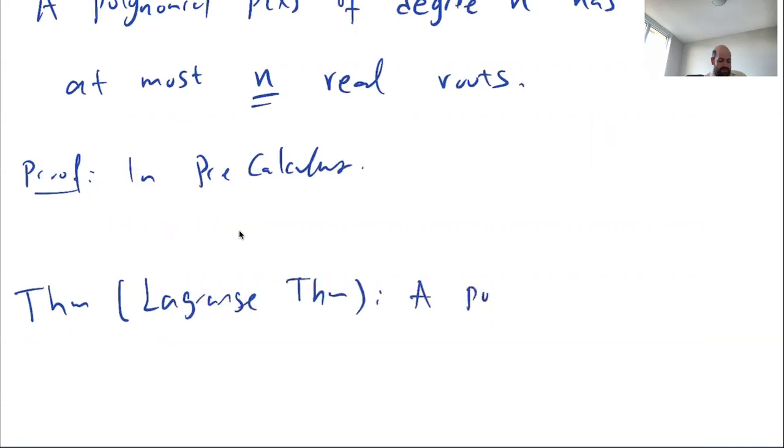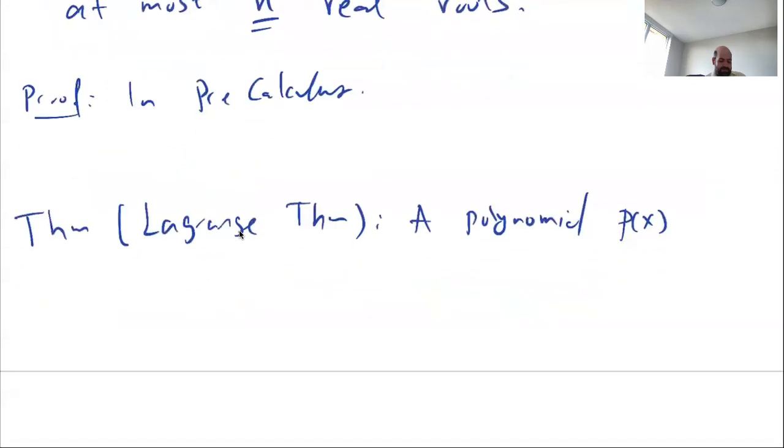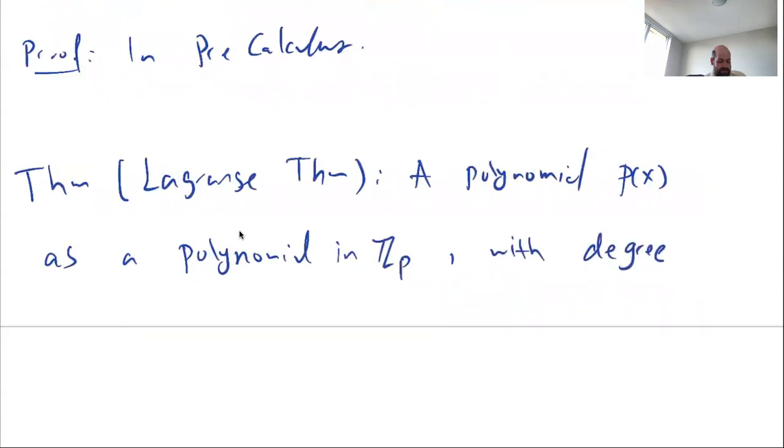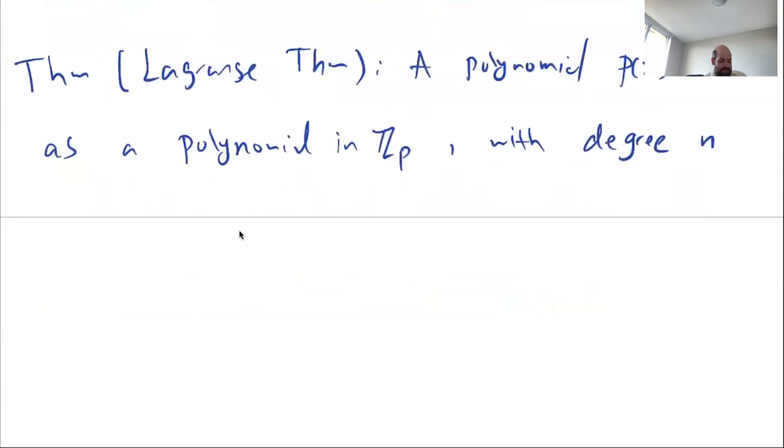A polynomial P(x) as a polynomial in Zp with degree n has at most n roots in Zp.